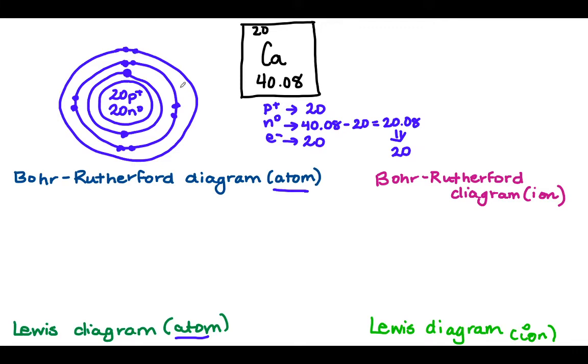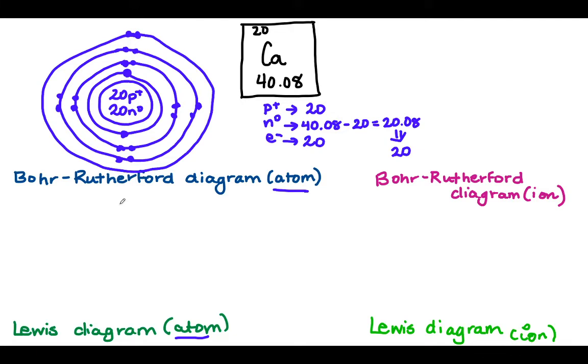So 1, 2, 3, 4, 5, 6, 7, 8. So in total, I've got 18 electrons right now, and I need to draw another 2 more. Now the next shell that I'm going to draw can fit up to 8, but I'm only going to draw 2. The reason I'm only going to draw 2 is because I only want to represent 20 electrons on this diagram.